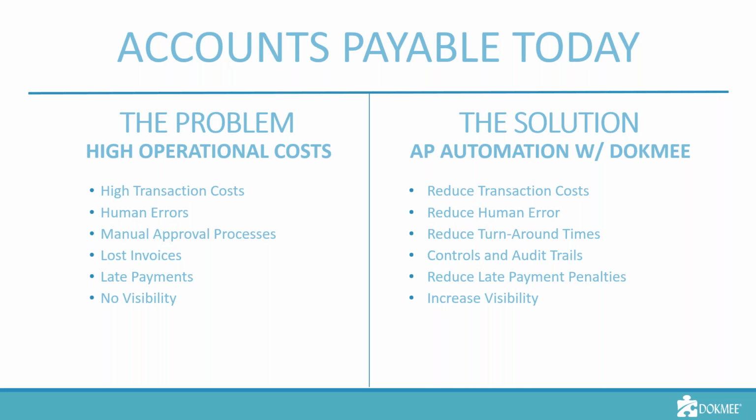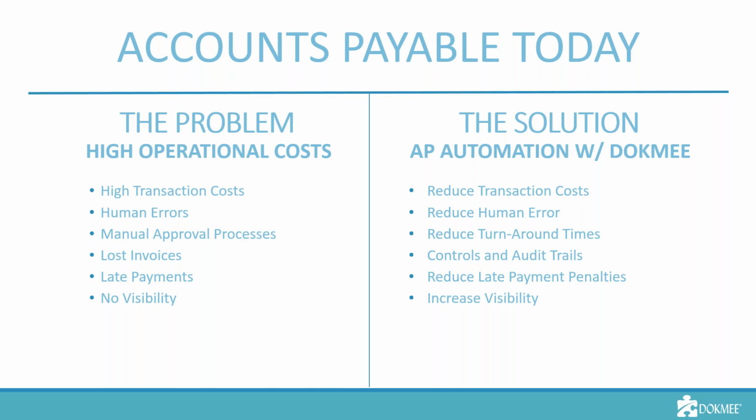All right, now let's look at the problem and also at the solution. So accounts payable today, it's not a pretty picture. The problem is it's manual paper-based AP processes, and they have high operational costs. Why is that?